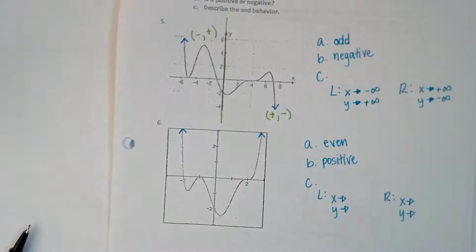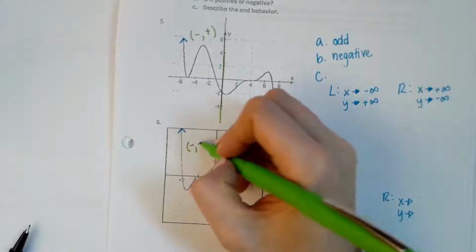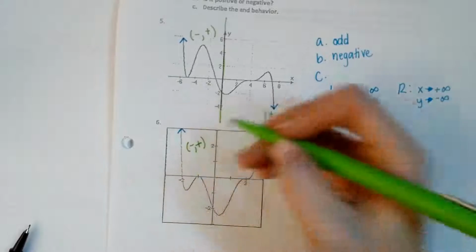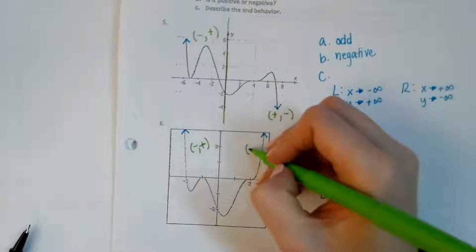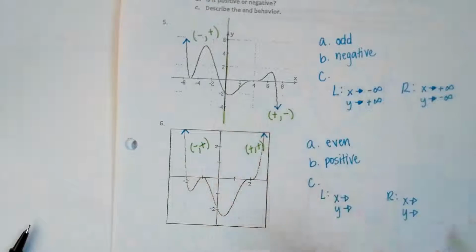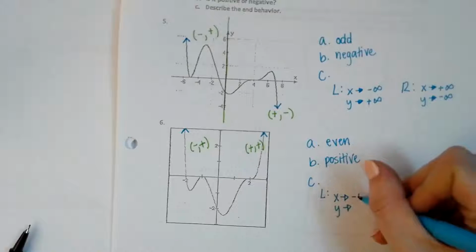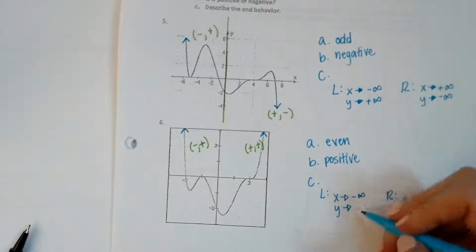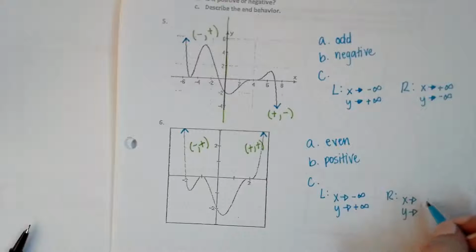This quadrant, just like this one, is negative, positive. Now you don't have to write this on every single graph if you don't want to, but I know it does help some people. And this one is positive, positive. So on the left side, x approaches negative infinity and y approaches positive infinity. Then on the right side, x approaches positive infinity and y approaches positive infinity.